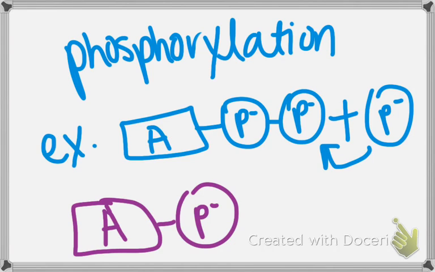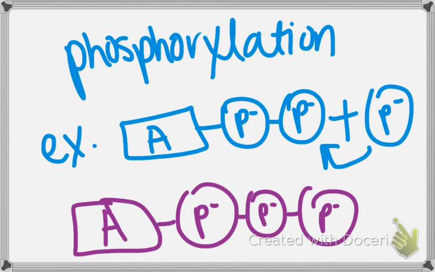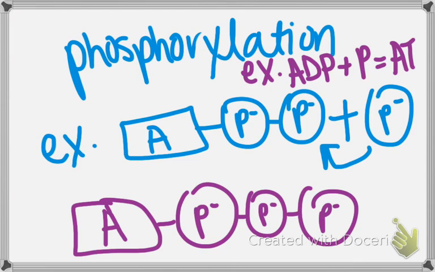You just added a P. So if you want to make another little side note just to explain your drawing, it's ADP plus a P equals ATP. Whatever works for you.